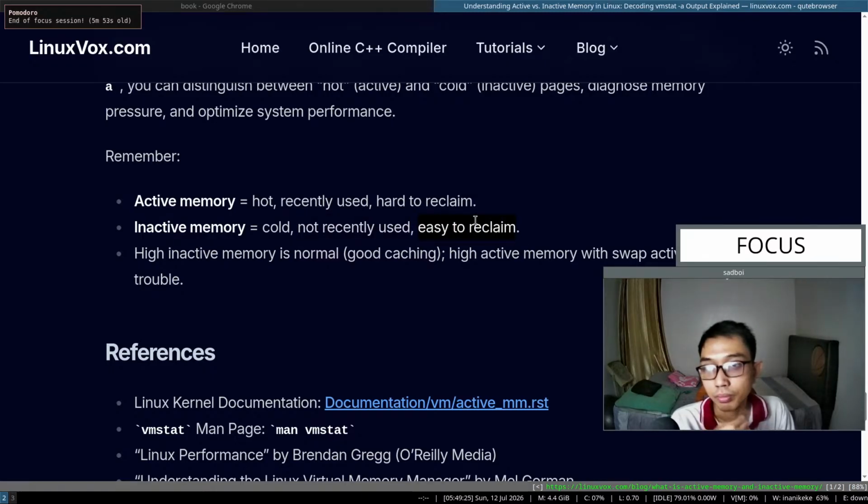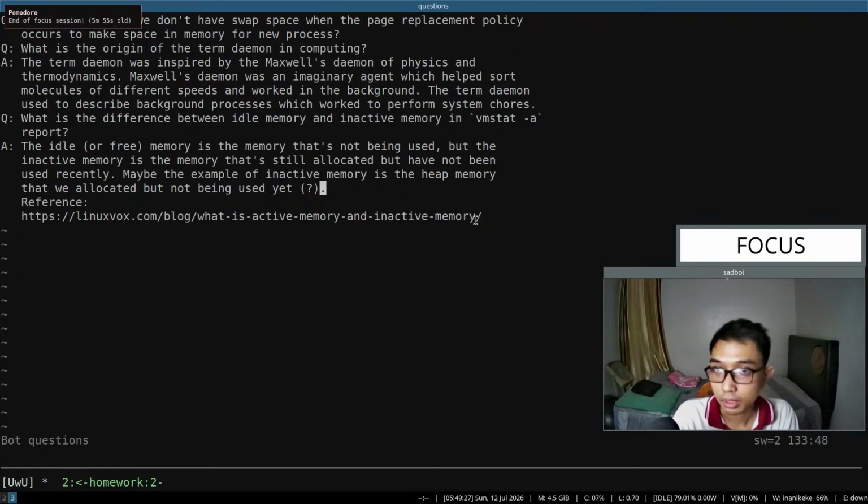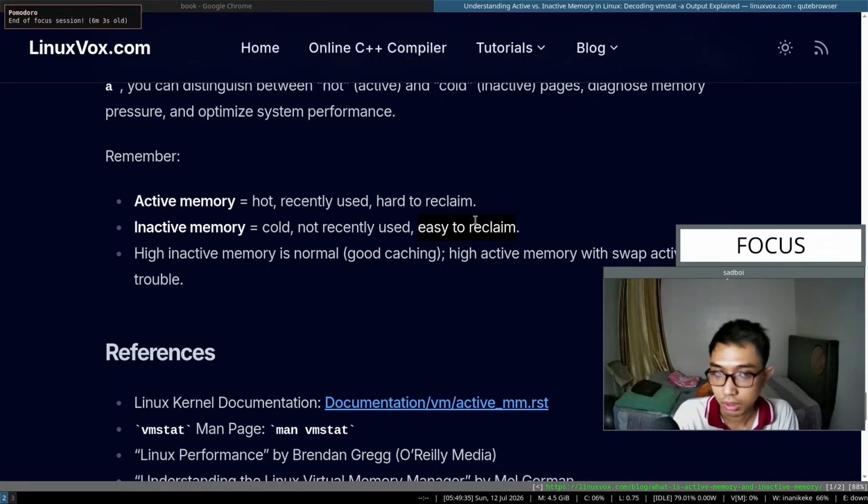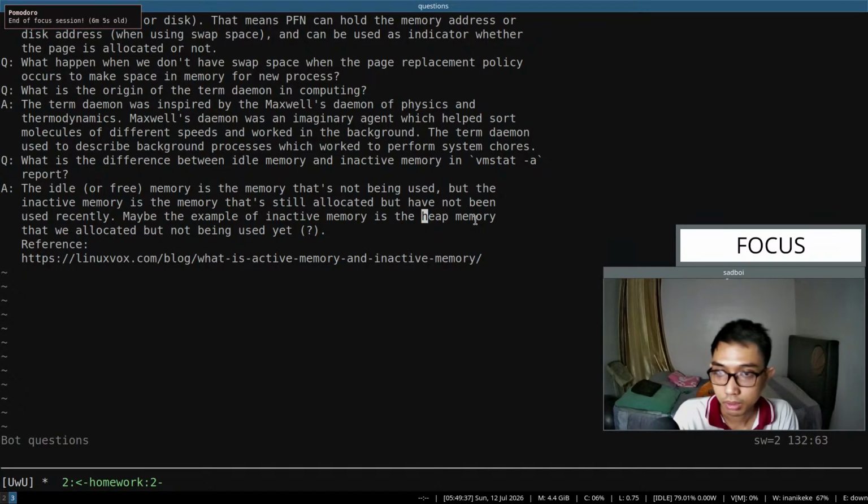Oh, maybe using the heap memory as an example is not really a good example. Maybe the stack memory.